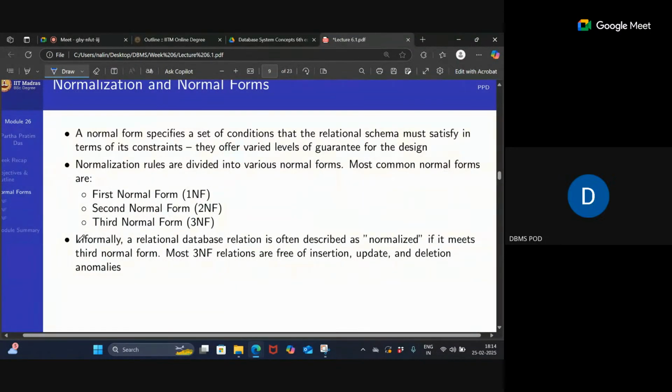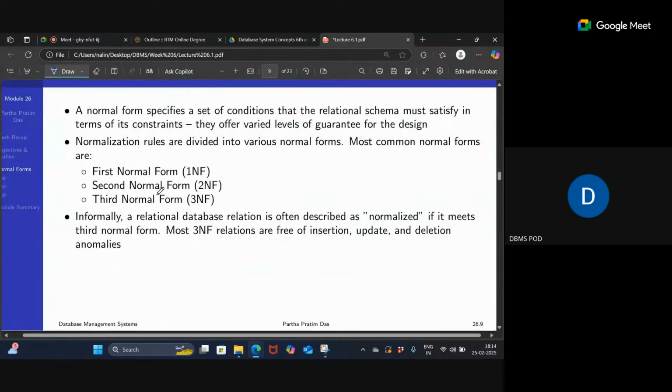The most common normal forms are first normal form, second normal form, and third normal form, also called 1NF, 2NF, and 3NF. Informally, a relation is often described as normalized if it meets third normal form. We say a table is normalized if it is in 3NF.